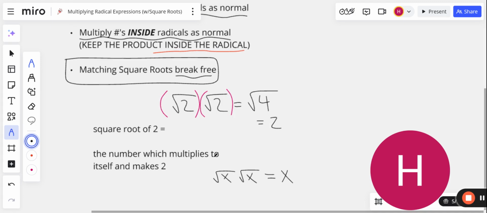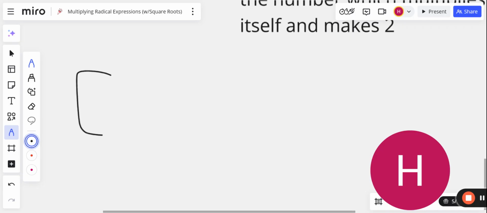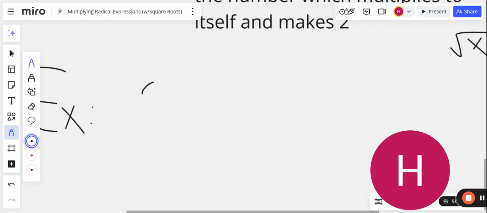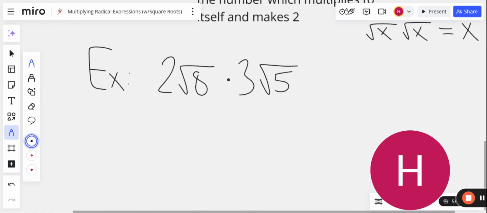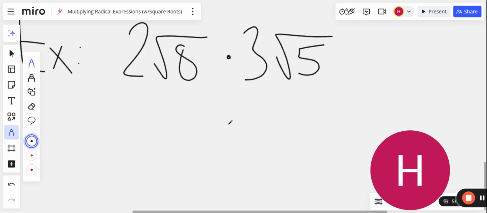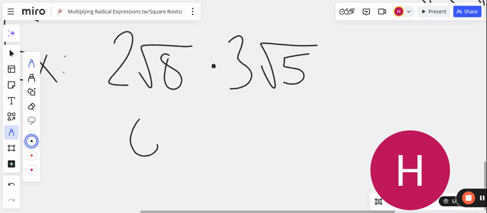So let's look at some tougher examples because these are really basic. Let's put some numbers in front of the radicals. For example, 2 square root of 8 times 3 square root of 5. Let's see how that works here. Well, that would give us 6 because we do 2 times 3.